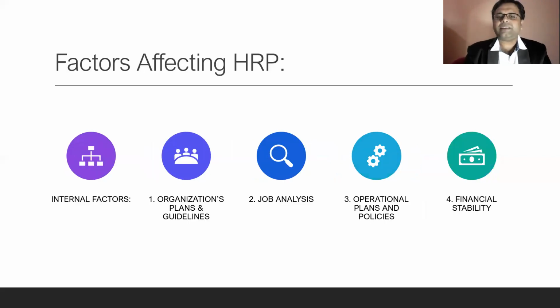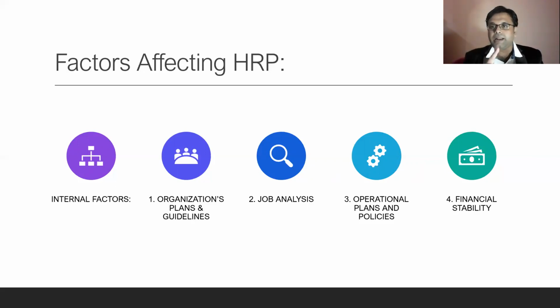Next is the internal factors, organizational plans and guidelines. All organizations have guidelines and policies regarding manpower planning, hiring, recruitment, selection, training, everything. There is a plan, so we need to follow that, being HR professionals. Job analysis is very important: what kind of people you are going to hire, what is the job description, what is the specification. Job description means the roles and responsibilities of a particular job, of a particular incumbent.